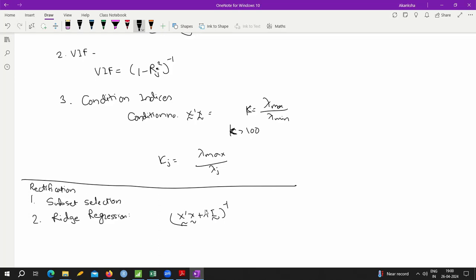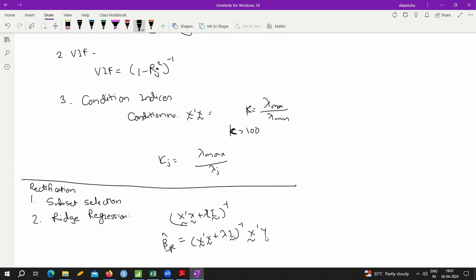So ridge regression says that instead of using x prime x inverse in estimation, use x prime x plus lambda I, where lambda is a constant. Okay. So what does it mean? My ridge estimates of beta will be x prime x plus lambda I whole inverse x prime y.